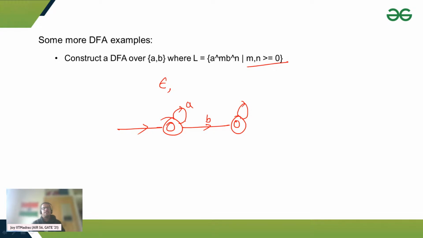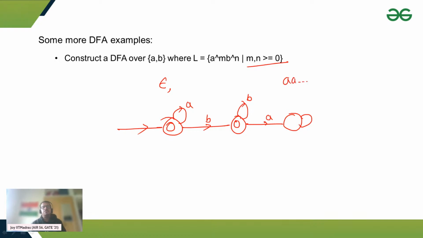See, the difference is that all the A's should come first. So we can accept any number of A's. But whenever we are getting at least one B, then we should be getting all the B's. Okay, whenever we are getting at least one B, that means we should ensure that now all the A's are done, and now we are getting B. After getting all these, if we are getting any other, then this is not acceptable.